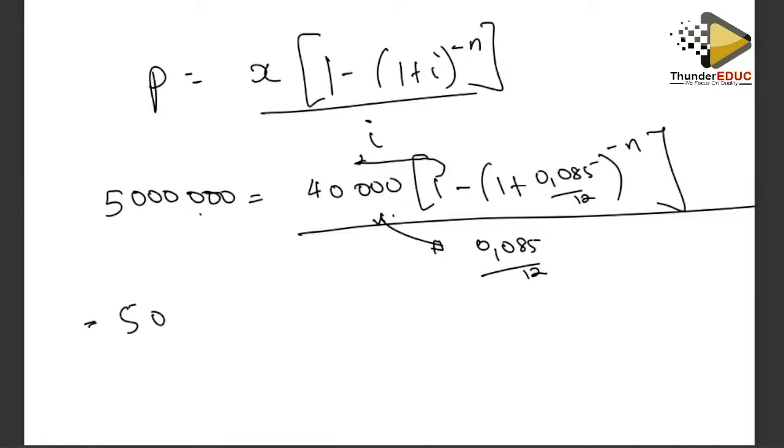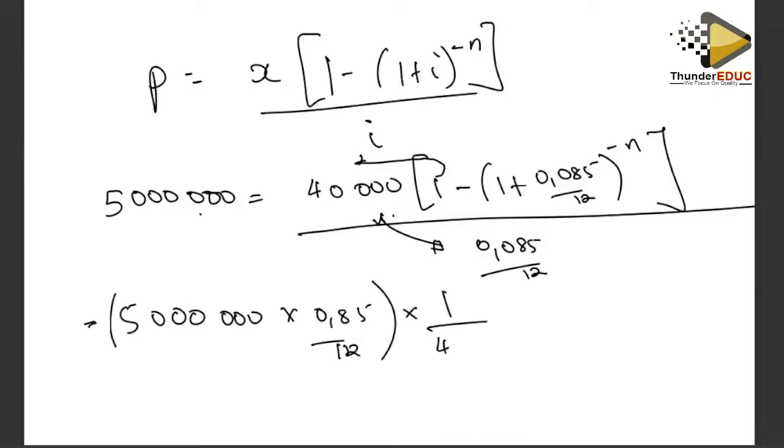Okay, why not do this? 5 million times 0.085 over 12. And then we're dividing it by 1 over 40,000. That should give us 1 minus 1 plus 0.085 over 12 to the negative n.